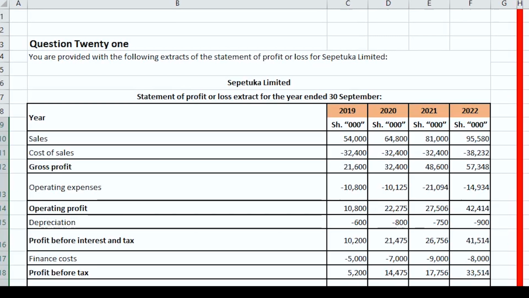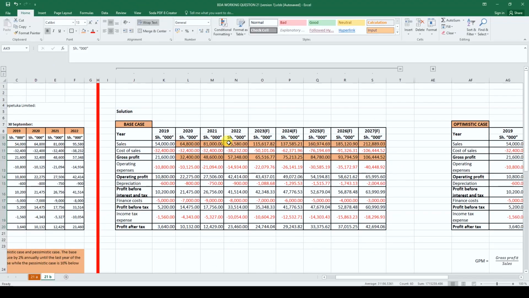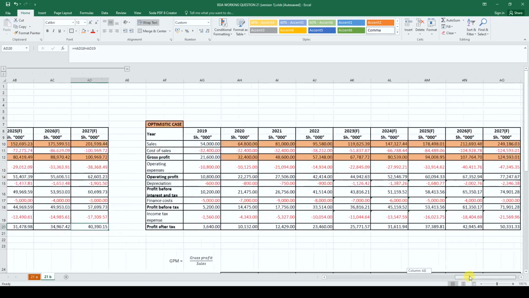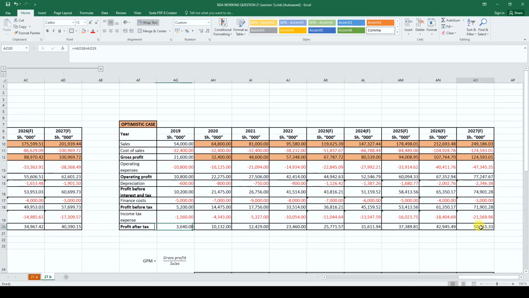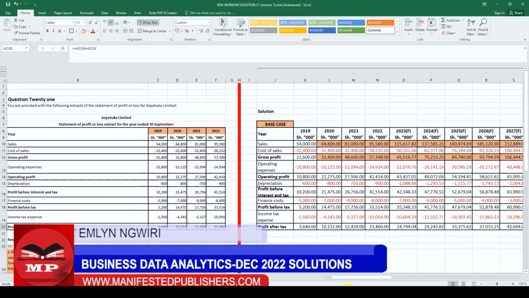Just to recap what we've discussed, we were told to prepare a base case income statement, a pessimistic case income statement. You can compare, the 42 represents the base case, and the 40,000 represents the worst case or the pessimistic case, and towards the right over here you can see the optimistic case is 50, slightly higher as compared to the previous two. So this answers part B.